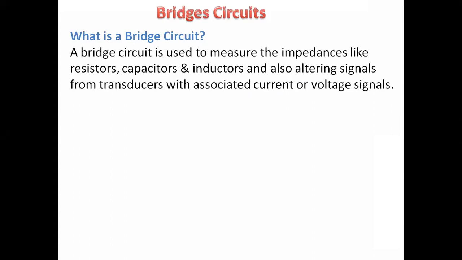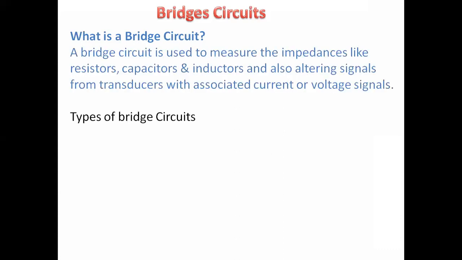To measure that voltage and current also, we can use bridge circuits, because we can measure small values of currents and voltages by using bridge circuits. So that also we will discuss in future sections.